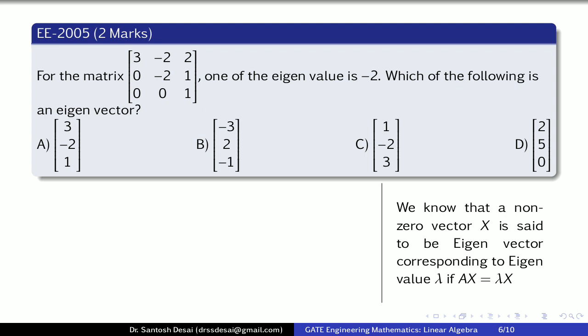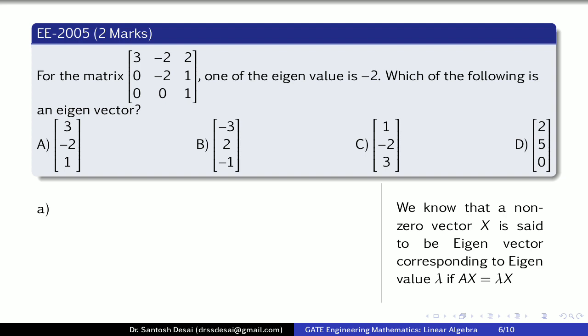So trial and error method means first we take the multiplication of given matrix and one option. We will get a column vector. From that column vector, we will take minus 2 common, and if the remaining column vector is nothing but your option, then you can say that that option is an eigenvector of the given matrix.